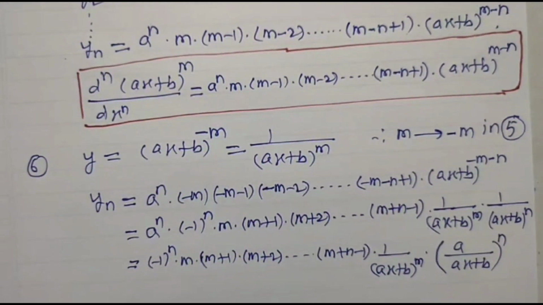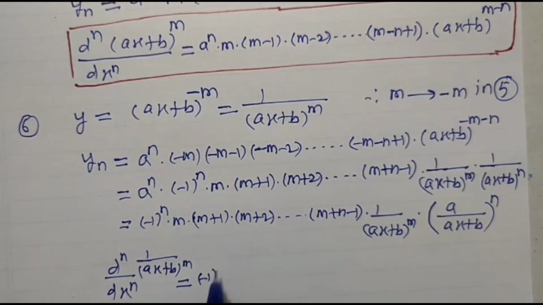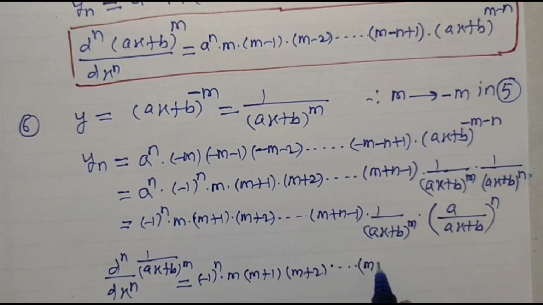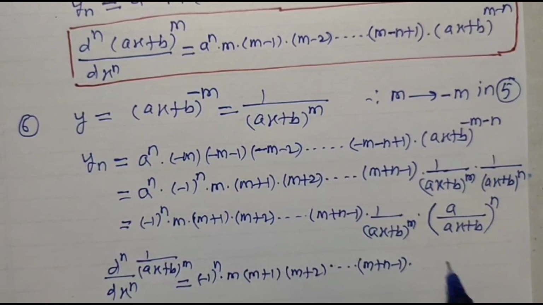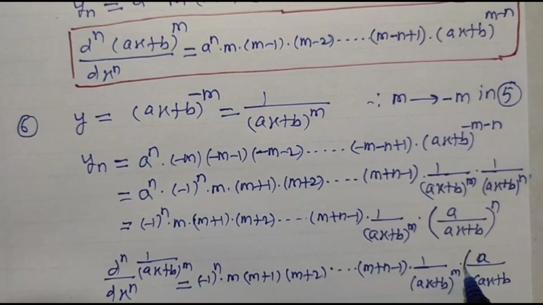Now formula number 6 can be written as the nth derivative of 1 upon (ax plus b) to the power m with respect to x, this is equal to minus 1 to the power n, m into m plus 1, m plus 2 up to m plus n minus 1, into 1 upon (ax plus b) to the power m into 1 upon (ax plus b), and here the numerator is a, its power n.